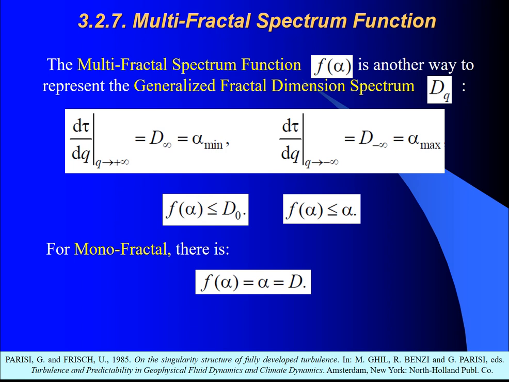Alpha is the Hölder exponent of this construction. And you can see properties of the function f of alpha, named, as I said, the multifractal spectrum function. And for a monofractal, this value is equal to alpha. And in this way, we can see that this alpha is equal to the dimension of the multifractal support.